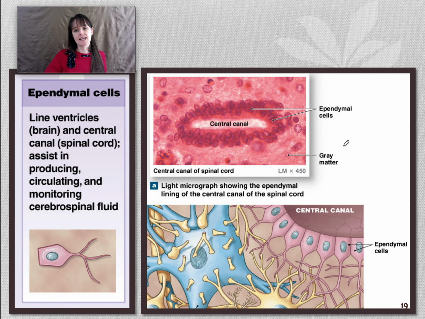Ependyma is the layer of ependymal cells. It's the epithelial lining of the central canal and the ventricles, and it's made up of ependymal cells. So the layer of them has a different term than the name of the cells, slightly. It's pretty close though.